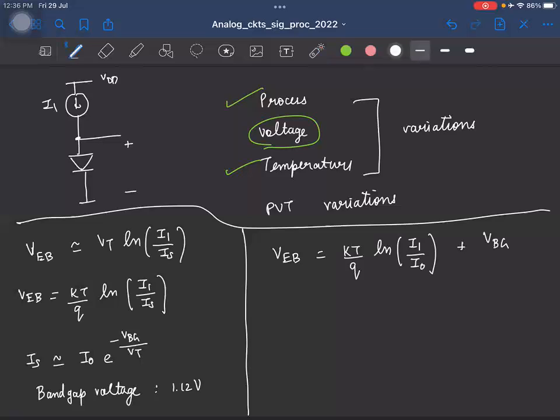Yeah. So now let's try to find how this varies with temperature by taking the first derivative. If I take it, what do I get? I mean, remember, band gap is an intrinsic property. It doesn't vary with temperature to a first order. And again, I1 is a constant current. I0 for now, let us assume it's constant. So what do I get?